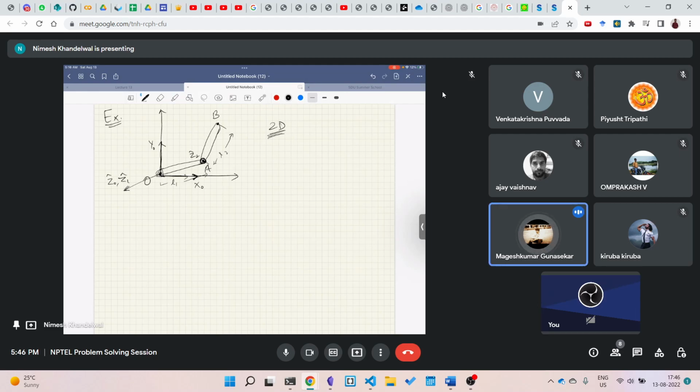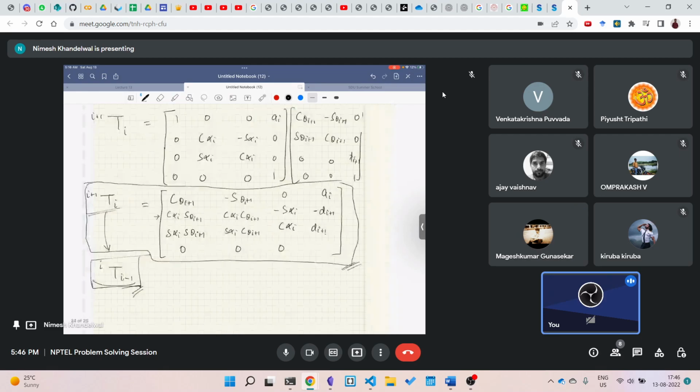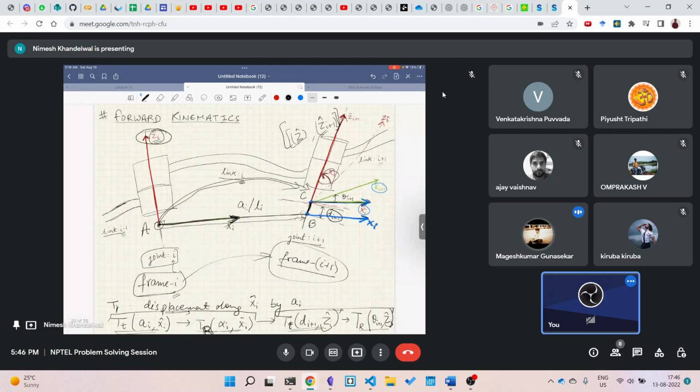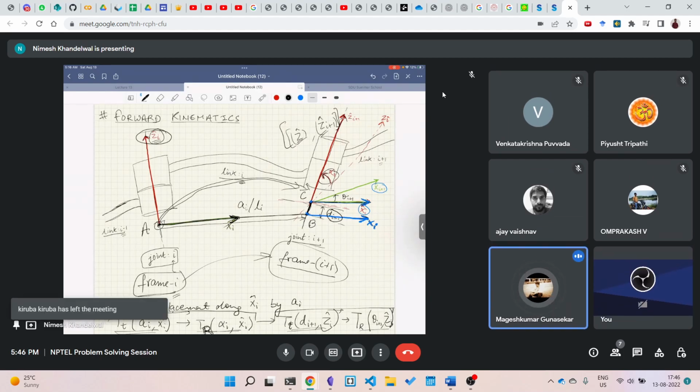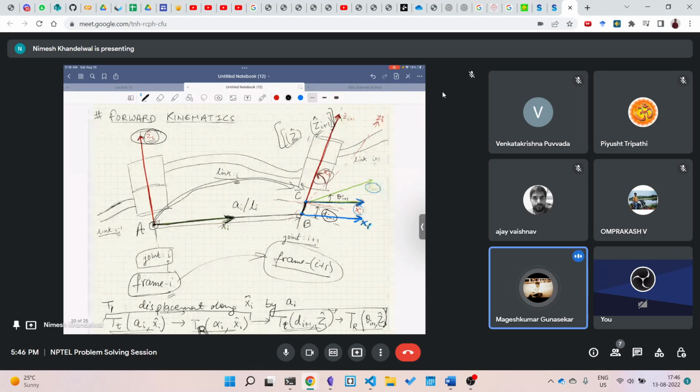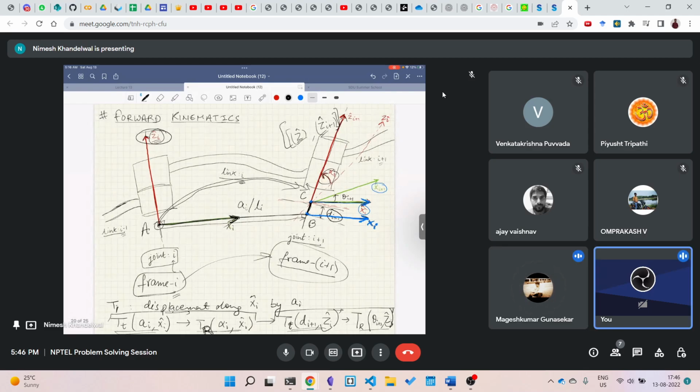Are you sure? What is the definition, how do we know from this where we keep xi? Along the link axis, along the common normal, the shortest perpendicular to both zi and zi plus 1.